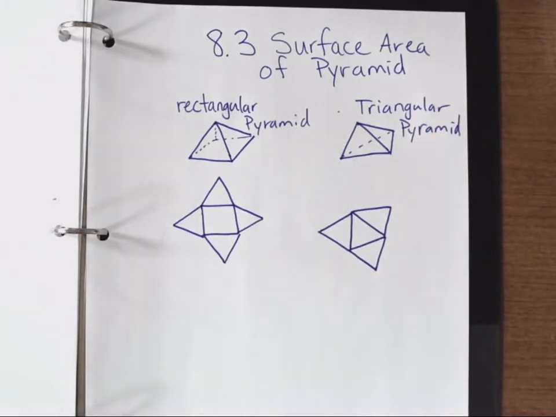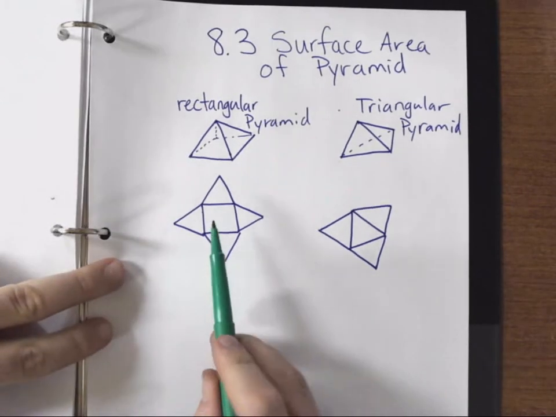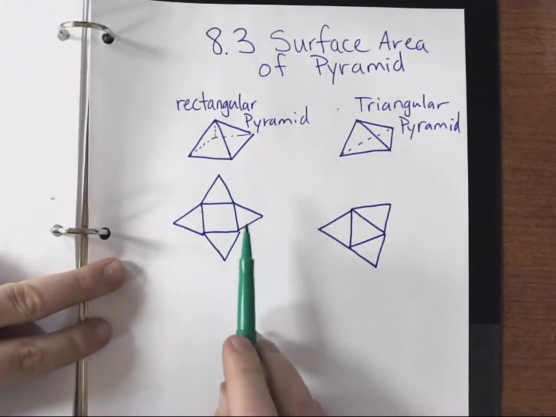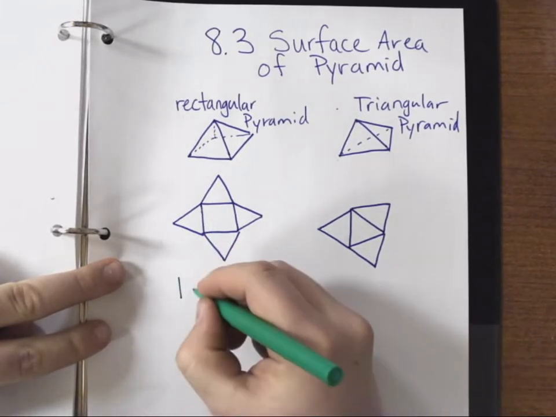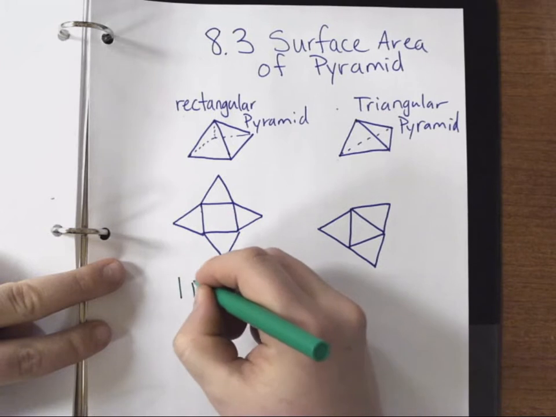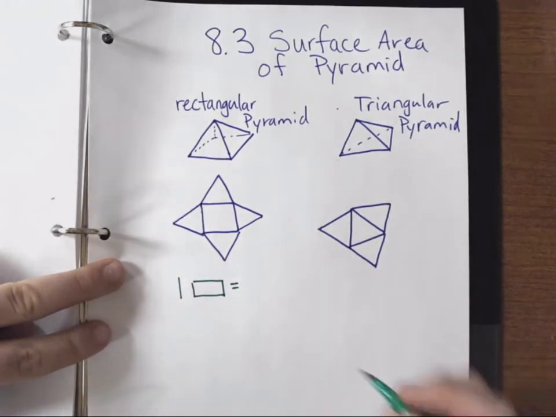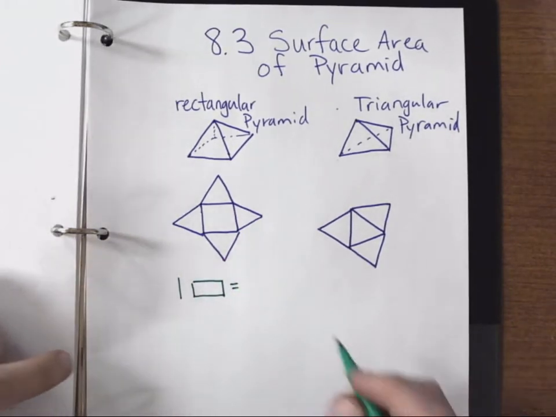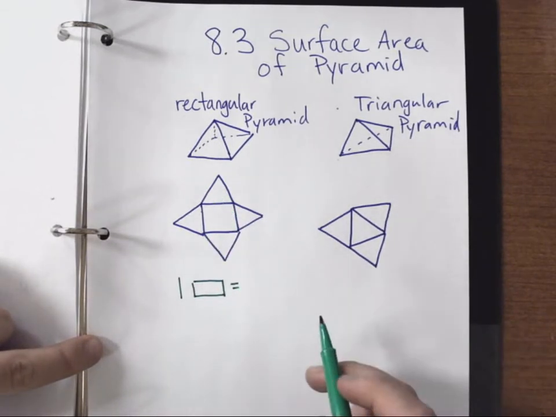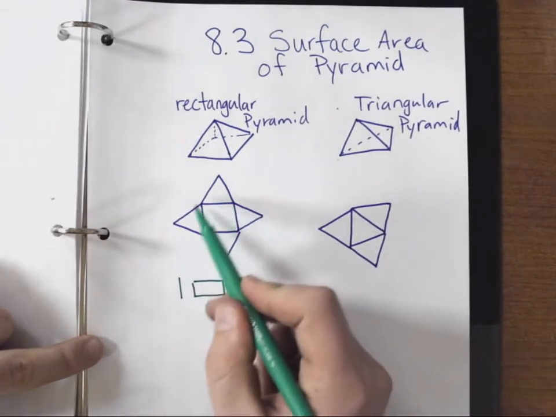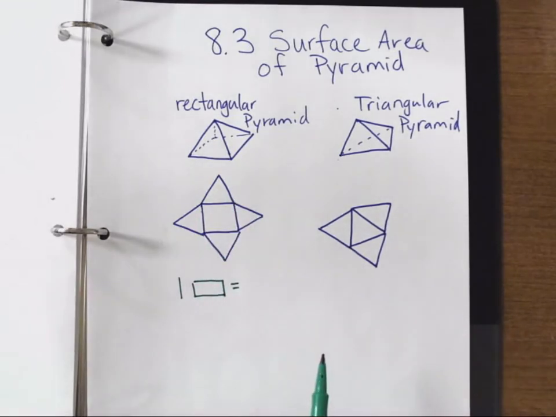So let's identify a few important characteristics here. I'm going to switch colors. A rectangular pyramid, we know that we have one rectangle that we need to find the area of. We also know that we have 4 lateral faces, one for each side of our base.